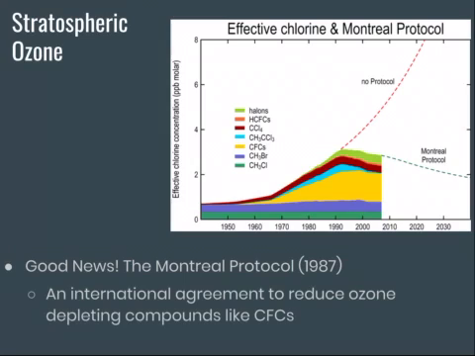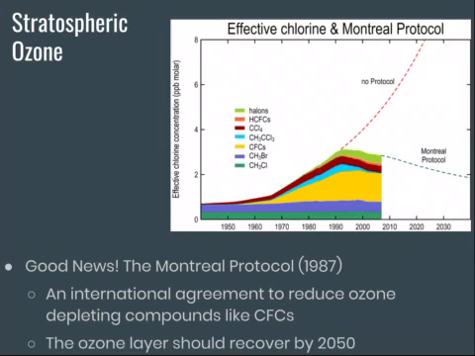And so you can see when we decrease the amount of CFCs, we've decreased the amount of chlorine compounds that have affected the ozone hole. So the hope is, and the patterns show, that the ozone layer should recover by 2050. If you go on the webpage under day 2, you should be able to see a video clip on ozone and how it forms and how CFCs have broken it down.